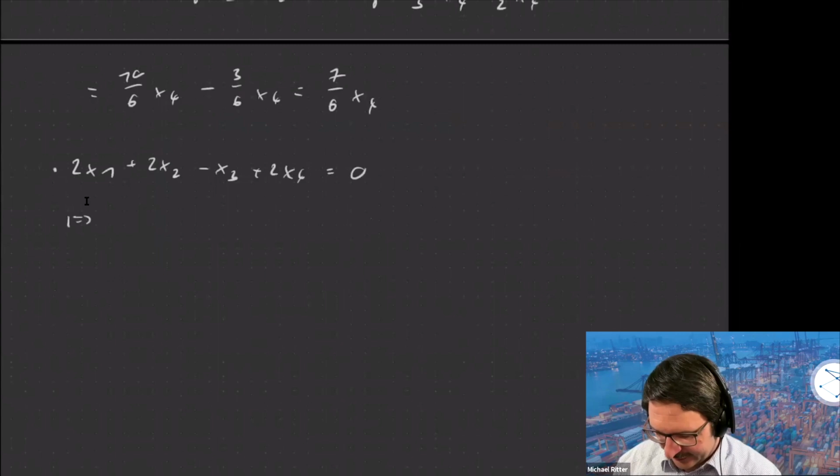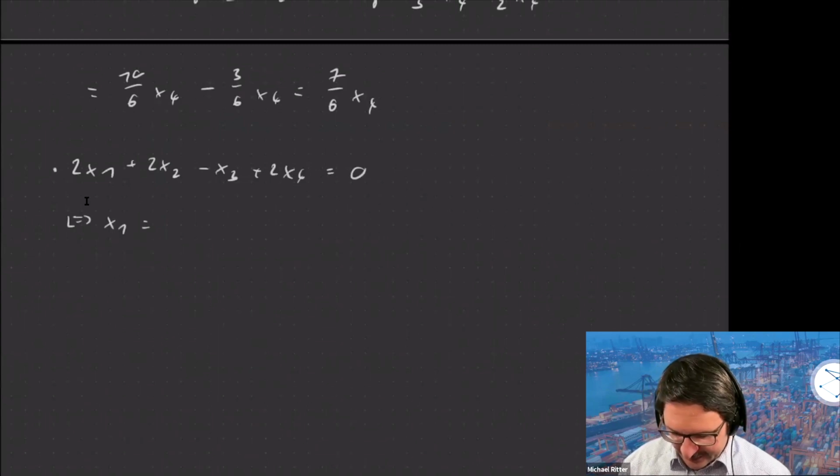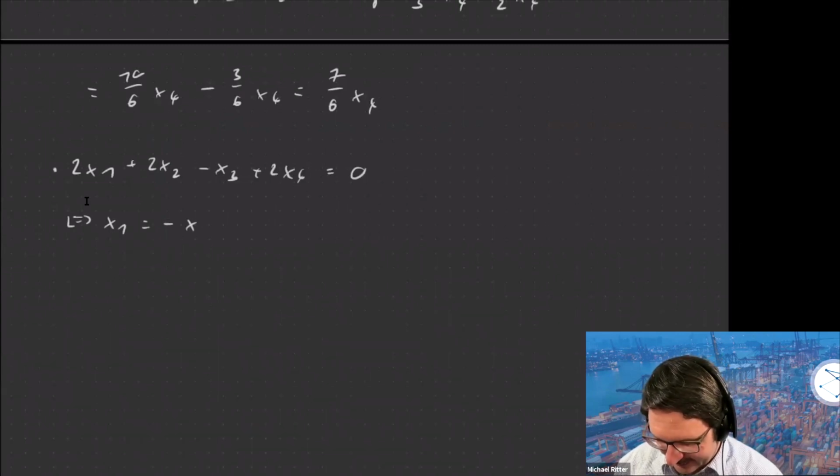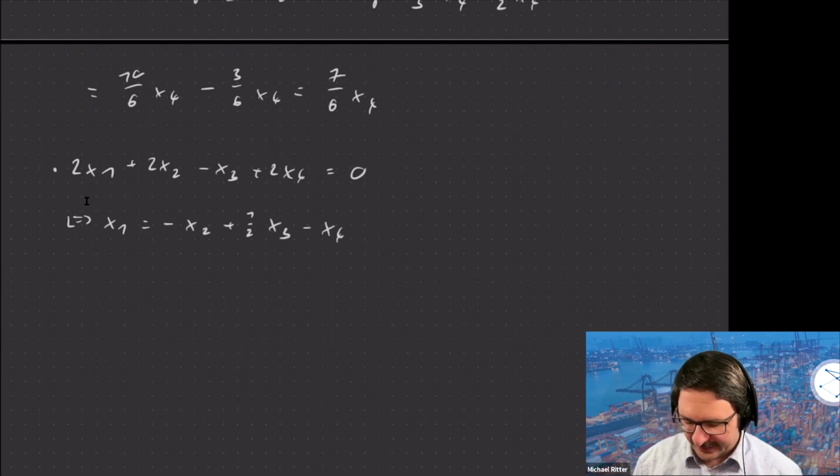So solving that for x1 then yields, let's see, minus x2 plus 1 over 2 x3 minus x4.